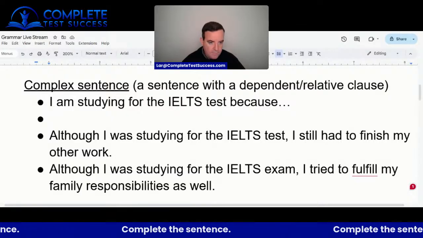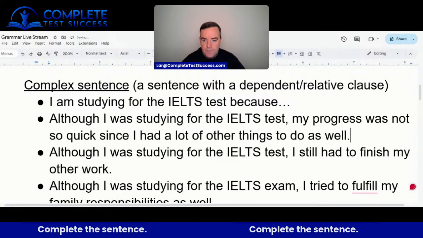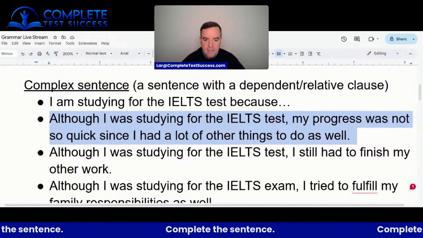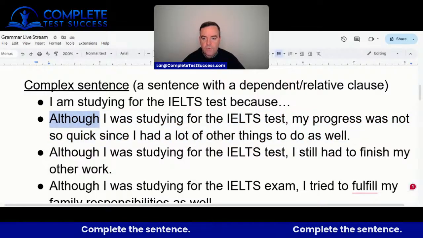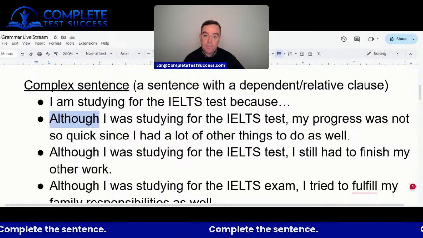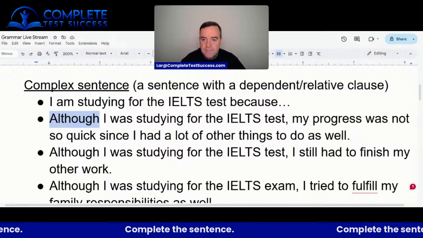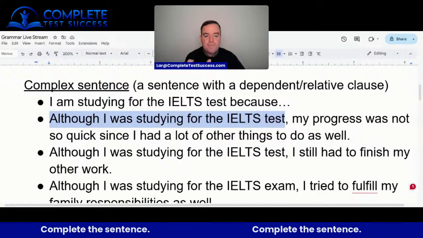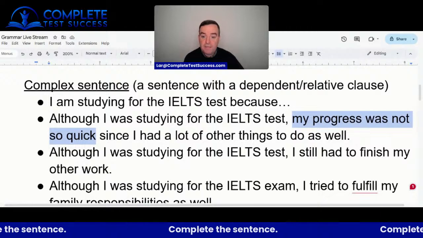Lewis: Although I was studying for the IELTS test, my progress was not so quick since I had a lot of other things to do as well. So here with the word although as a cohesive device, this isn't really a grammar mistake. It would be a coherence and cohesion mistake. So although this, my progress was not so quick. There was nothing in the first clause, I was studying for the IELTS test, to show some kind of a conflict with what we would expect.